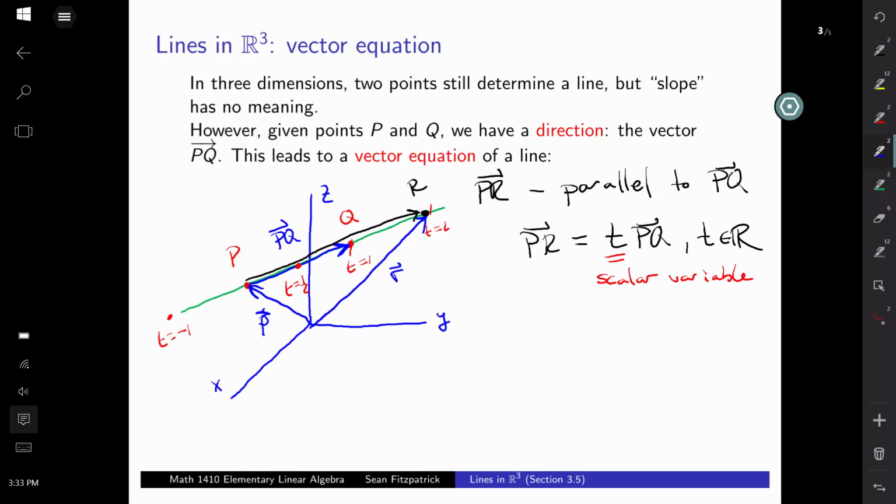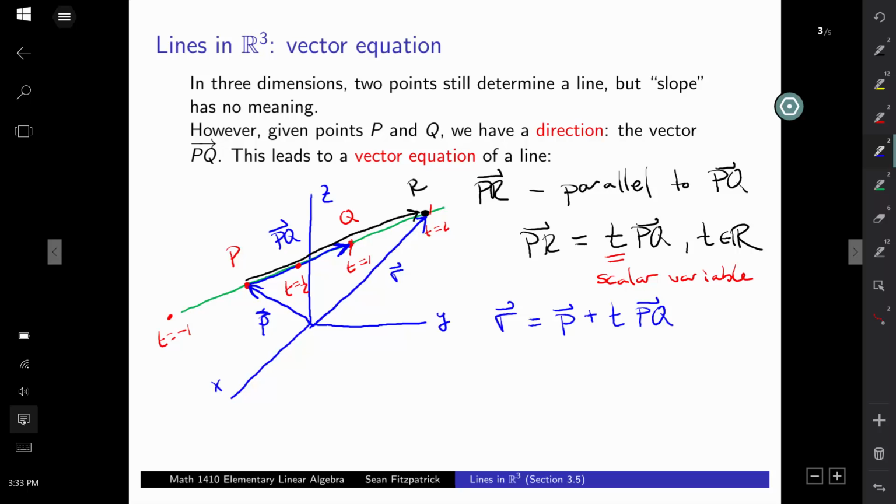And so then what can I say in terms of the tip-to-tail rule here? Well, I can see that this vector R is equal to P plus T times PQ, right? Because T times PQ is this vector that we drew in black.